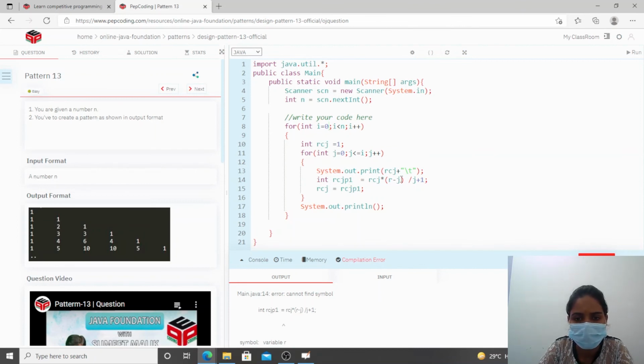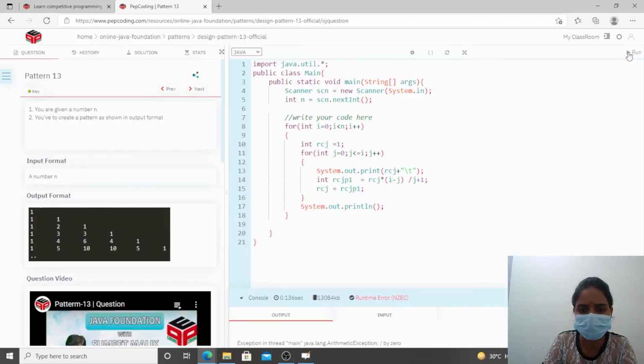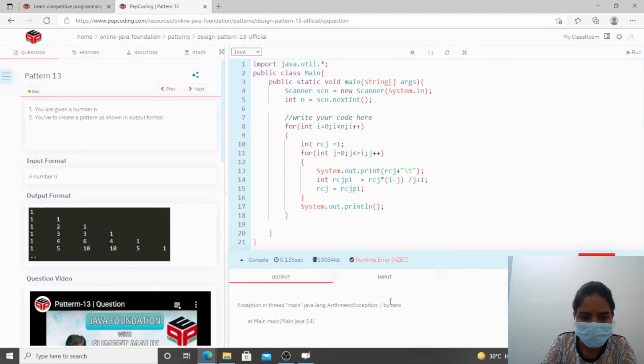It's not R, it's ICJ, I minus J, because we declared it as ICJ.